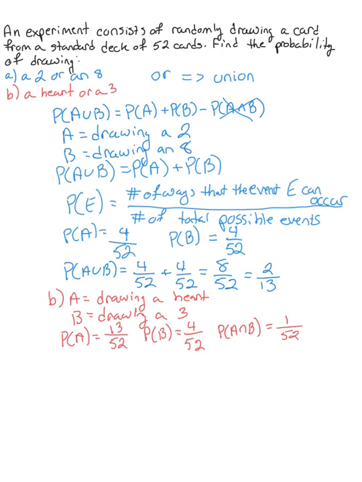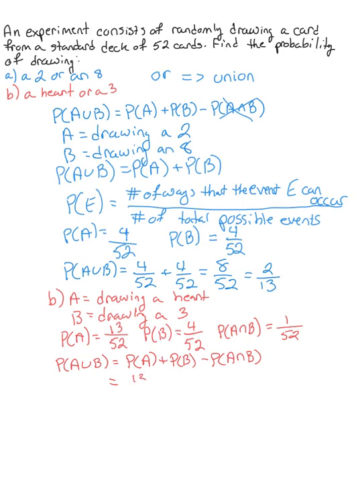So in this situation, the probability of A union B is equal to the probability of A plus the probability of B, subtract the probability of A intersection B. Then we put that in there.